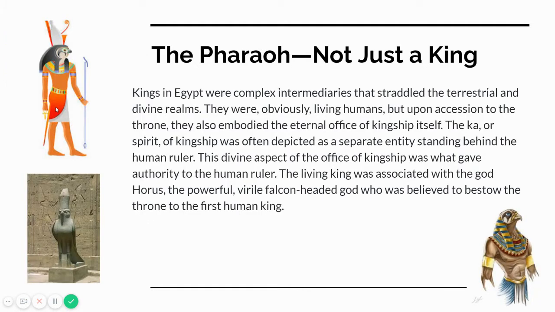It is really important to understand that the pharaoh, which is the king or the ruler of Egyptian civilizations, is not just a king. The kings in Egypt were basically human representations of the divine.